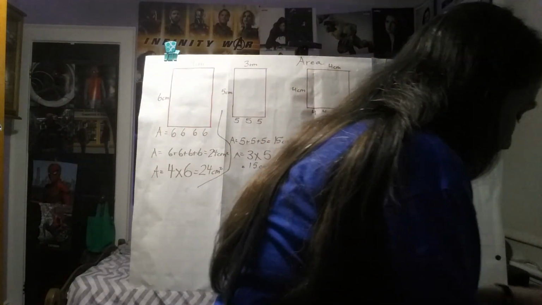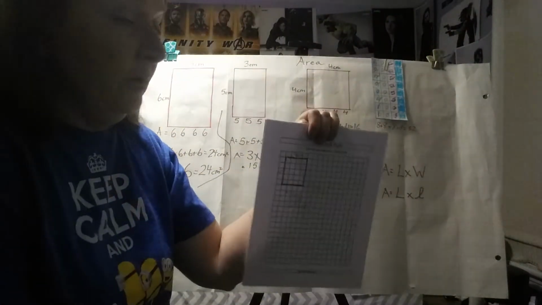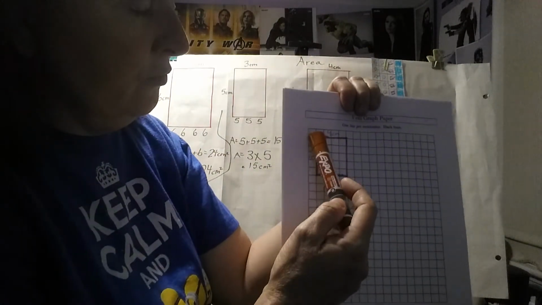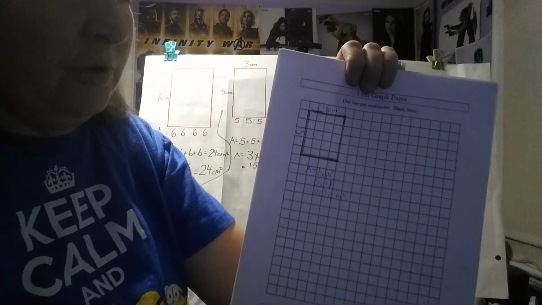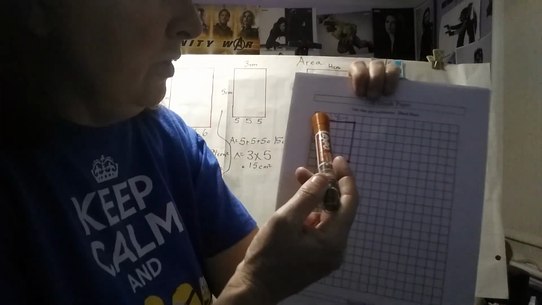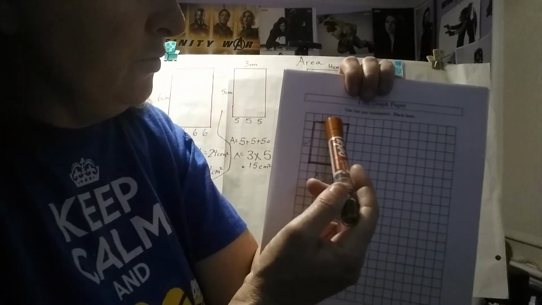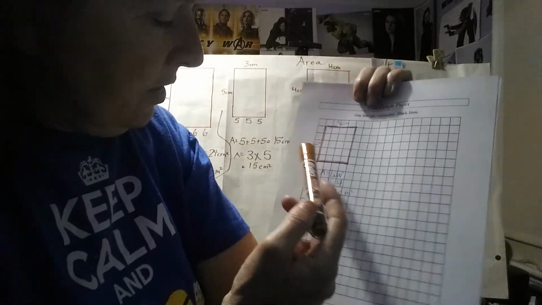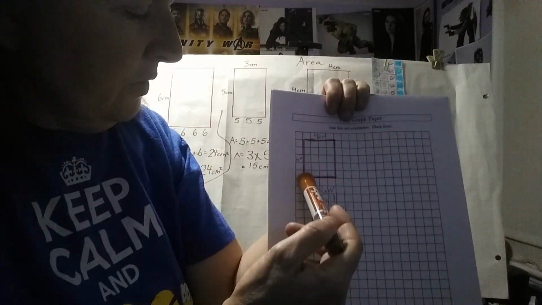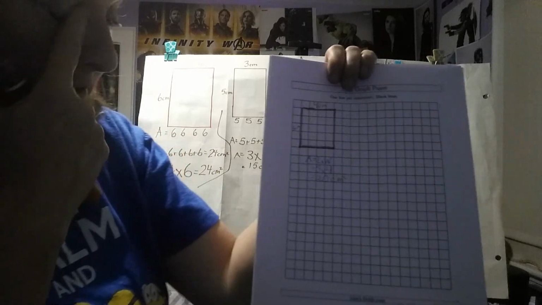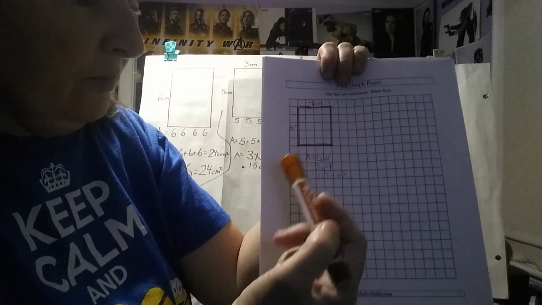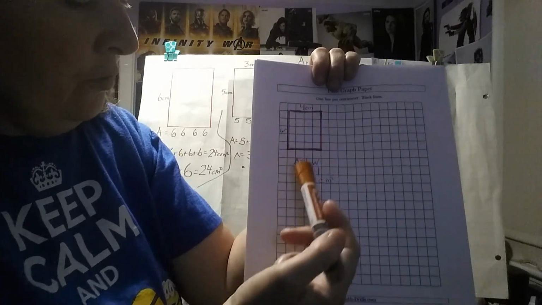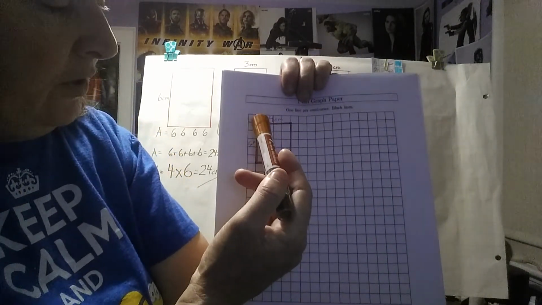On this sheet here, I am going to have drawn some figures, just as I've drawn this first one for you. And this first one is 4 centimeters wide this way and 5 centimeters in length. So when we use our formula that the area equals the length times the width, we know that it equals 5 times 4.